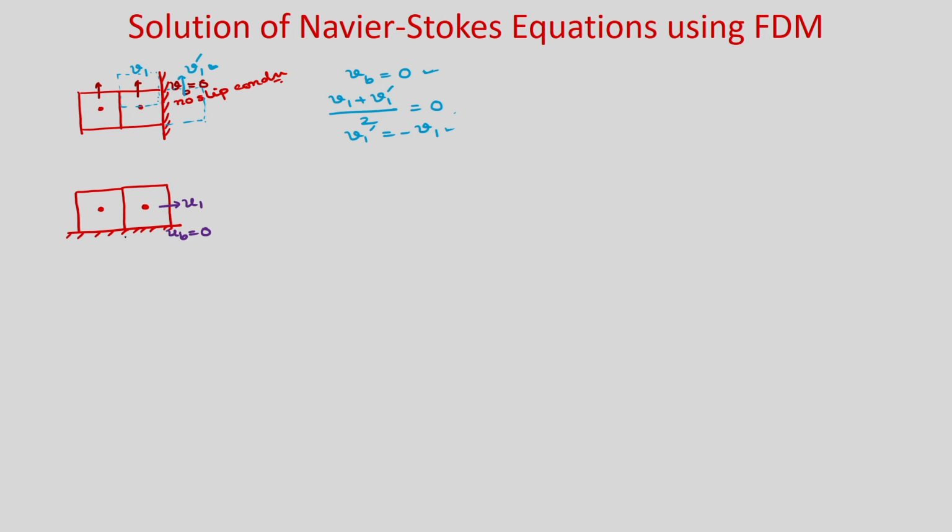You use some fictitious cell or ghost cell, where you have u 1 prime. Okay. So, this is fictitious, you do not need to generate the mesh for it. You just need the array for this.